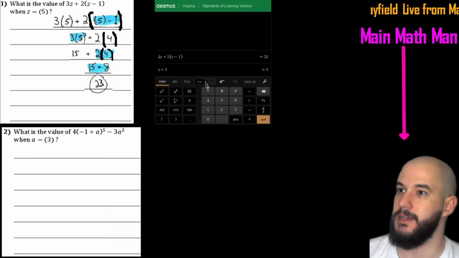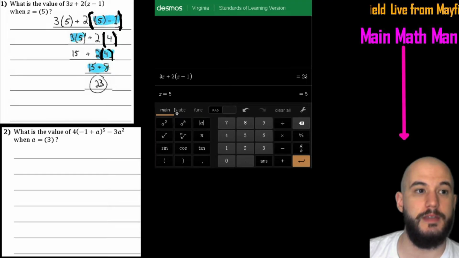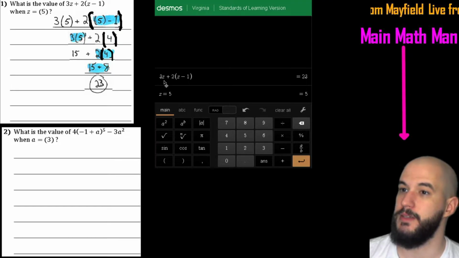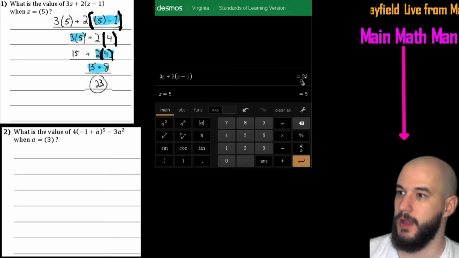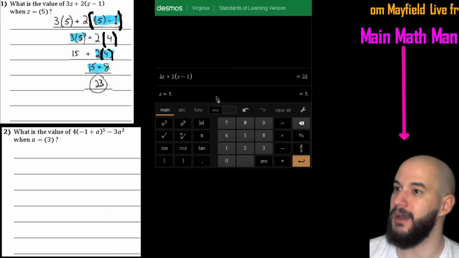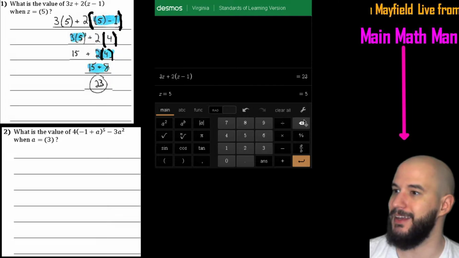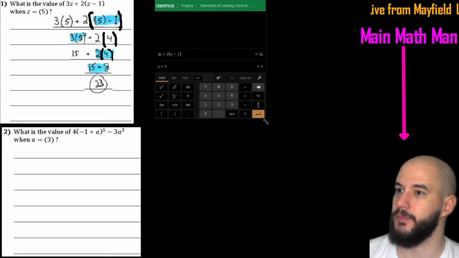I type in 3z plus 2 times the quantity, using those parentheses, z minus 1. Then I hit enter, because usually you have a little triangle there. That's just saying you need to define those variables. So it says z equals 5. Once you do that, it simplifies it for you, and you get 23.